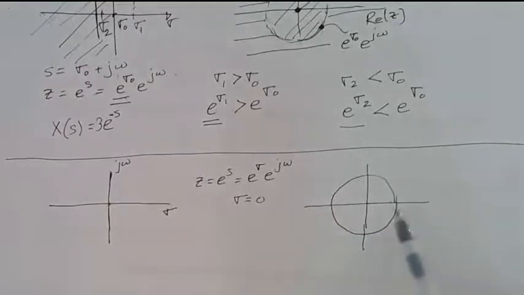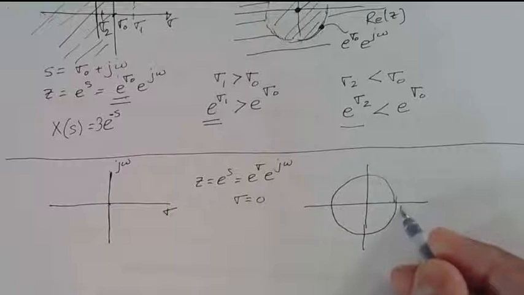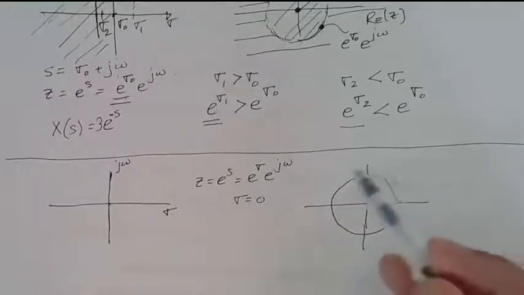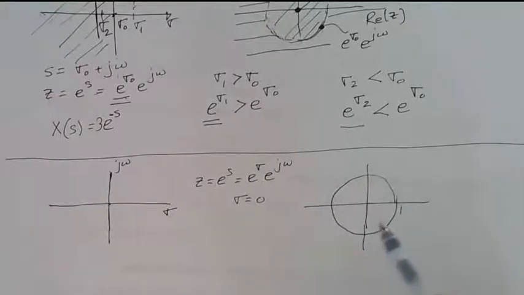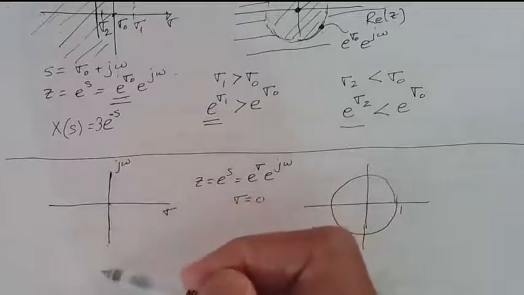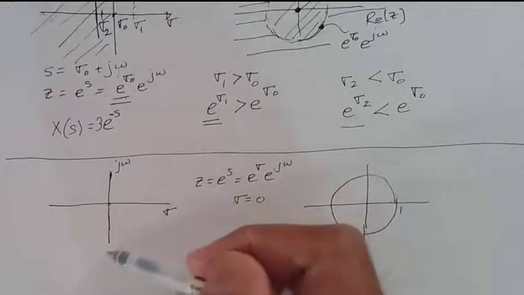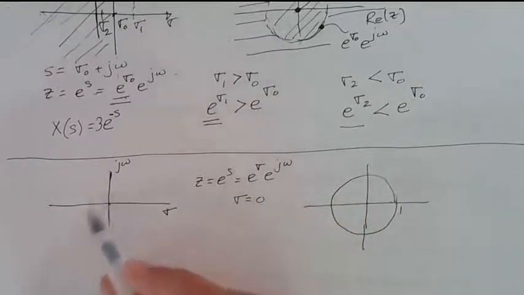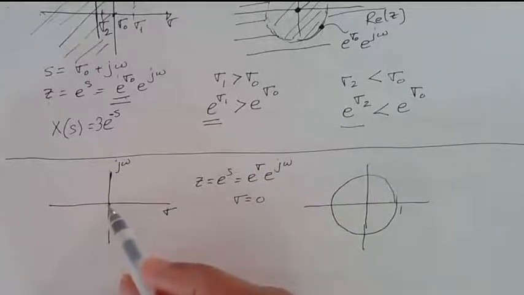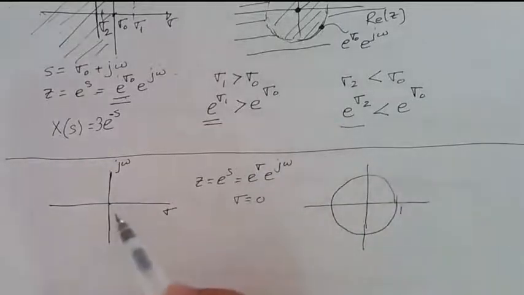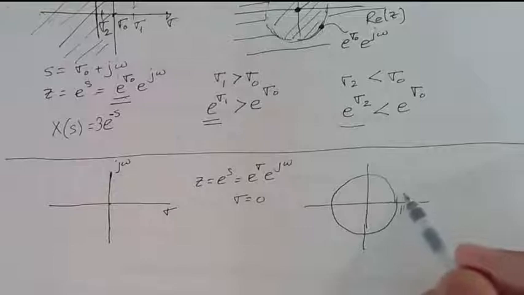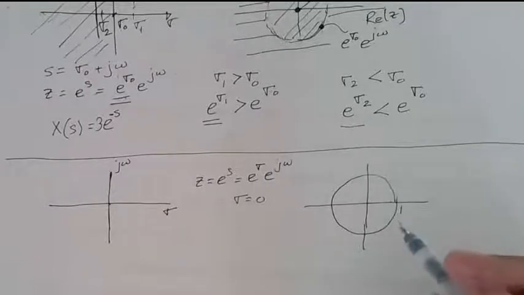The unit circle works in exactly the same way in the z-plane as the j omega axis works in the s-domain. If the j omega axis is part of the region of convergence, then you have a stable system. If the unit circle is part of the region of convergence, you have a stable system.